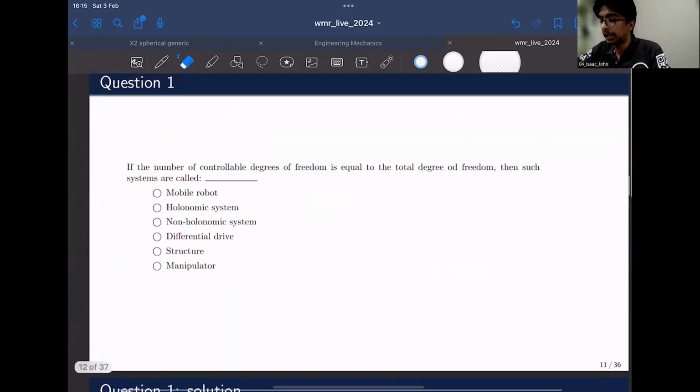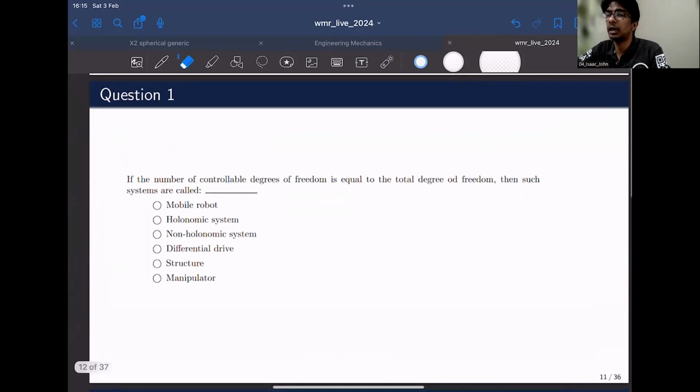This will probably help you to solve the tutorial questions, because this will be more or less similar. You can expect more or less similar questions for your weekly quizzes. If any of you have any doubts regarding this session, you can always ask. You can interrupt me. I would suggest you use your microphone, because if you type anything in the chat box, it's very easy for me to miss.